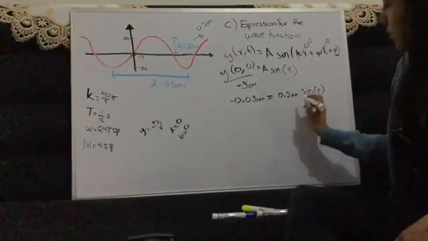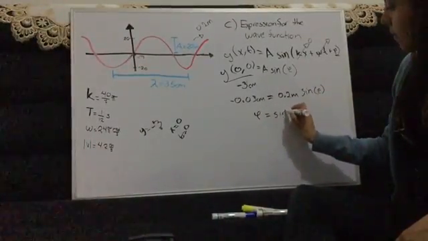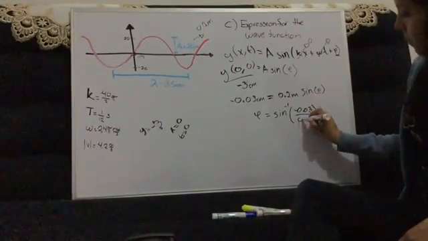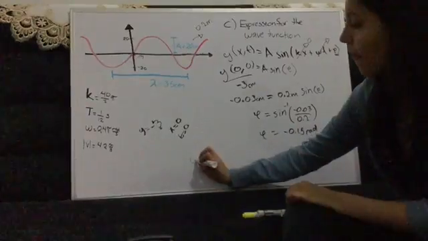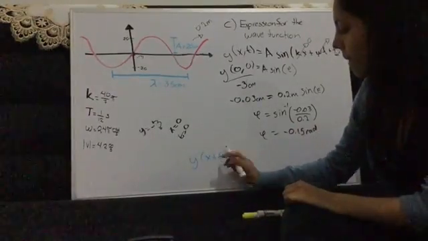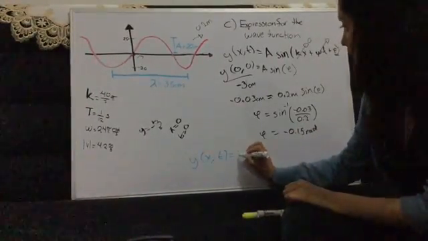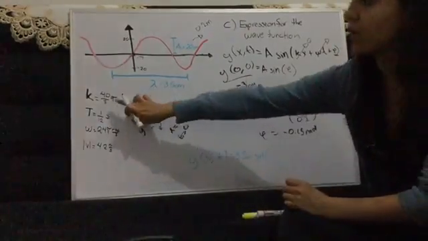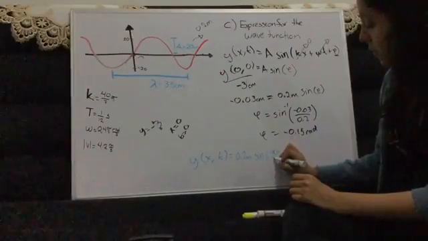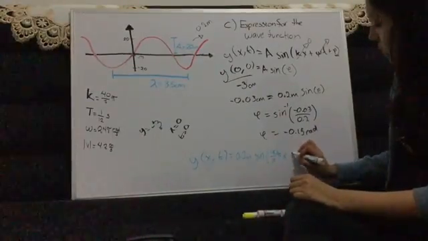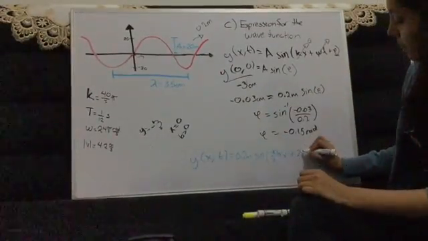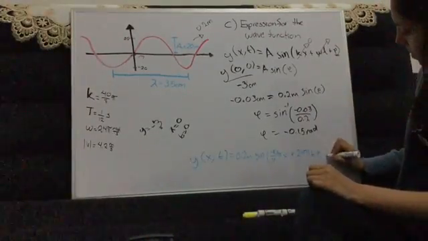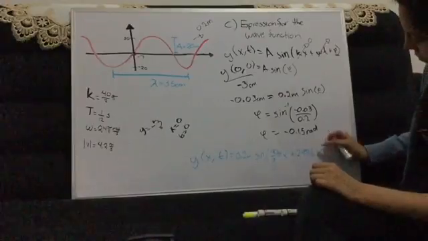Those are 0.03 meters, and we'll get the phase angle. Now we only have to substitute the values of the constants k, omega, and the phase angle in our equation, and we'll get the function of our wave.